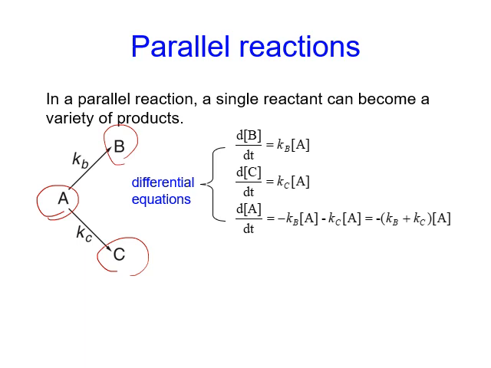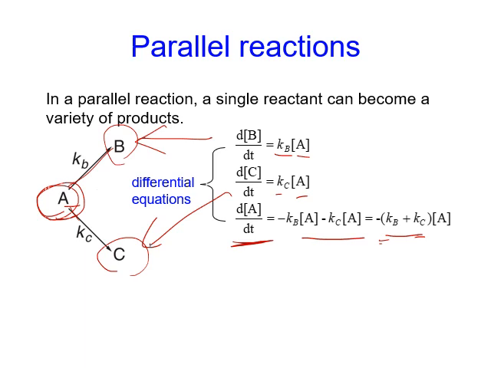This is for the product B, the rate constant Kb times reactant A, and this is for the second reaction, Kc times A. For A, you have to consume A to form B and C, so for the change in A, you have two terms, both negative, since they are consuming A. So the rate constant is Kb plus Kc.